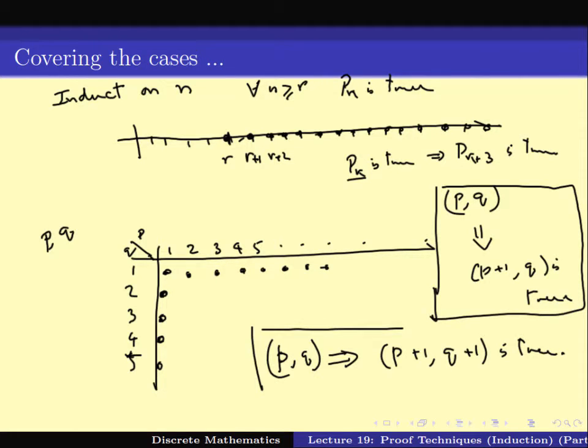This can be another of these versions. Note that if I have these dots filling up all the boundary cases, then (1, 1) is true, therefore (2, 2) is true, (2, 2) is true, therefore (3, 3) is true, and so on. Now (1, 2) is true, therefore (2, 3) is true. (2, 1) is true, therefore (3, 2) is true, and so on.